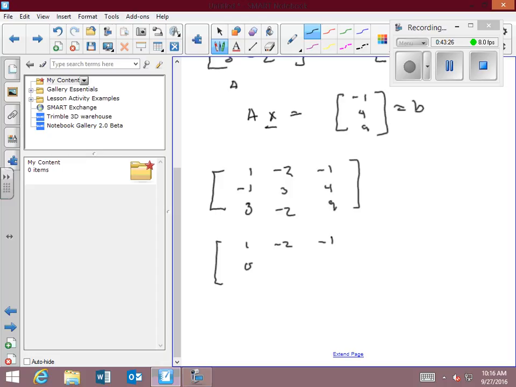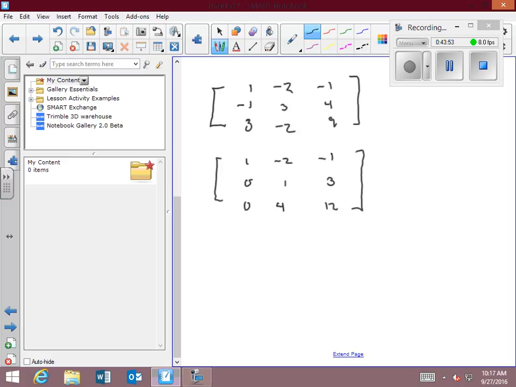I'm going to multiply the first row by minus 3 and add, that's plus 6, plus 4, that's 12, isn't it? Do that by a minus 4.